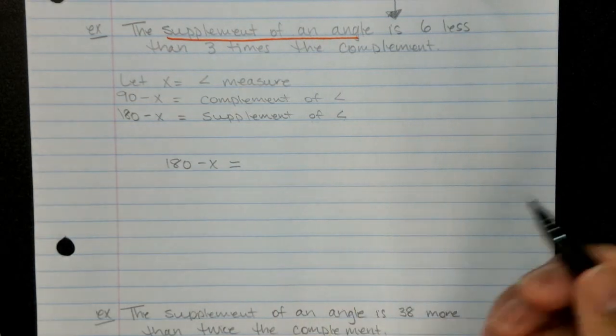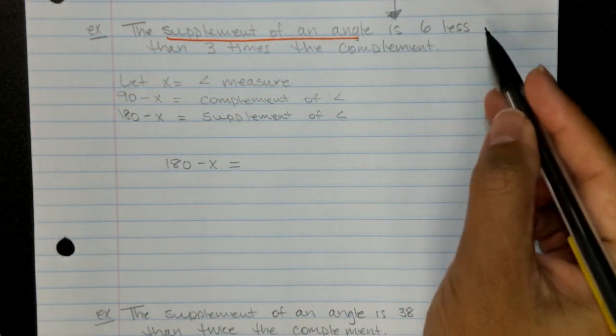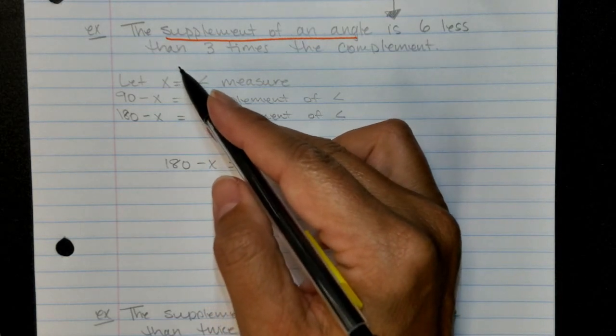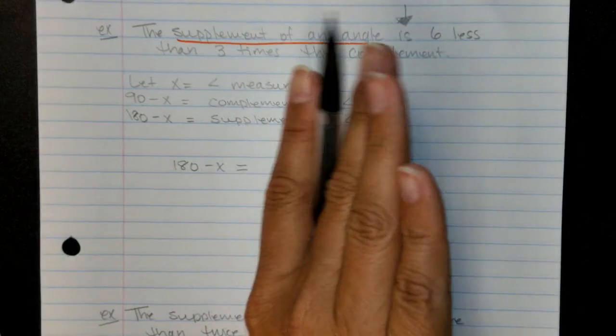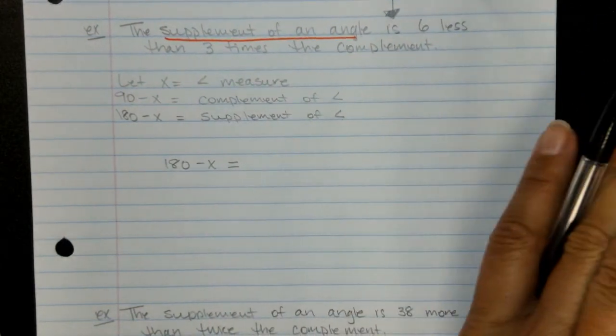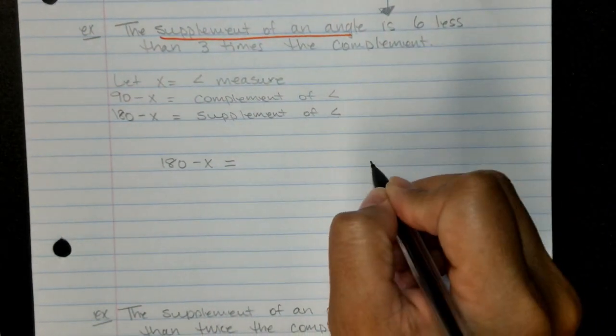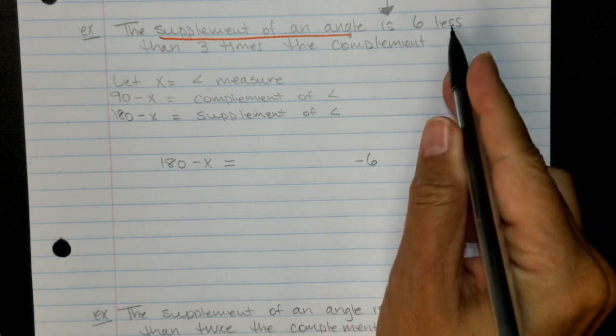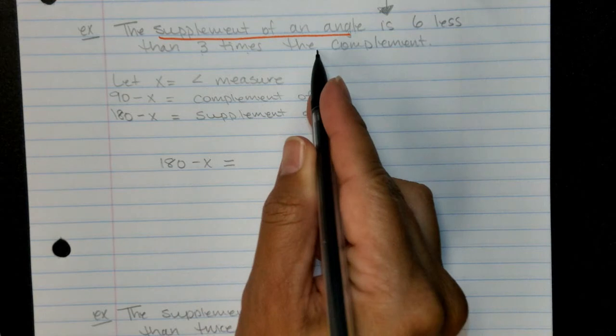Now this is where it gets a little dicey, because of 6 less than. Due to PEMDAS, adding and subtracting is always going to come at the end of our order of operations. So we can put it down here, 6 less than 3 times the complement.